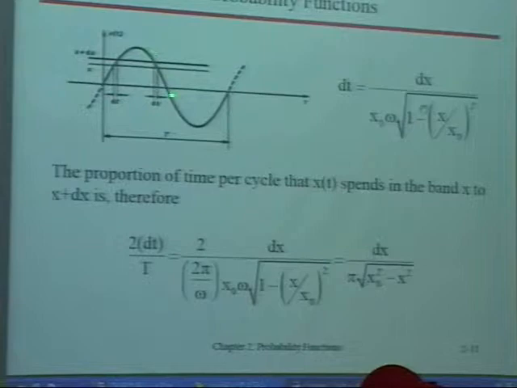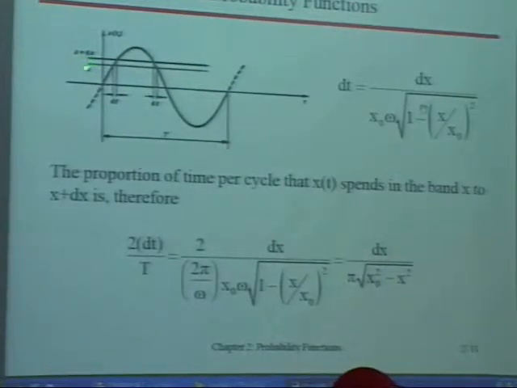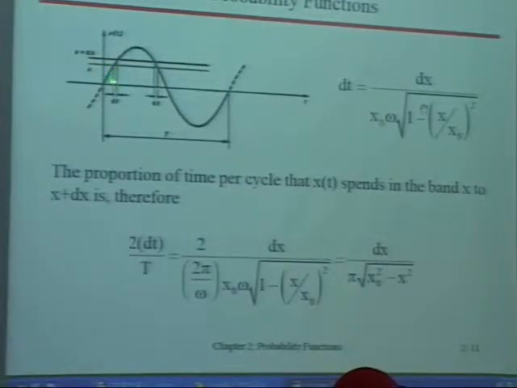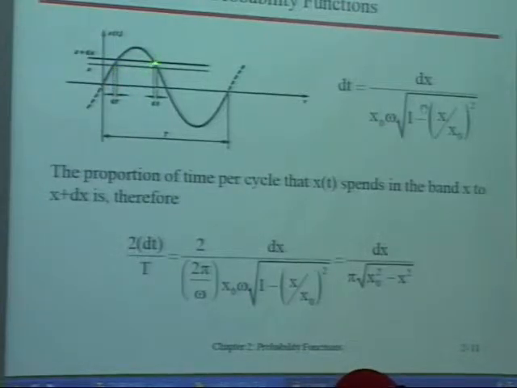Total time is a capital T. But the amount of time as it passes x to x plus dx is a dt portion here, another dt portion here. So this is what you call the probability density function.